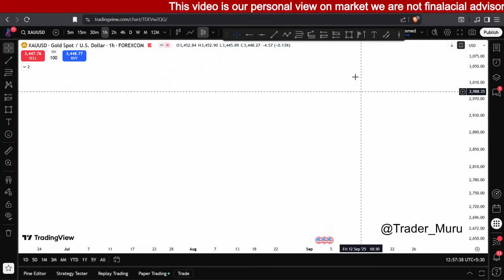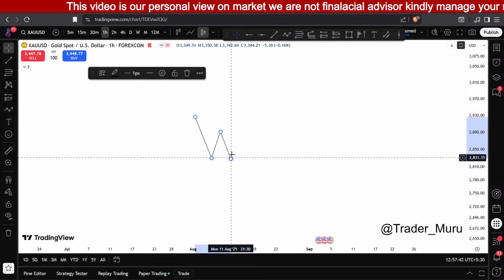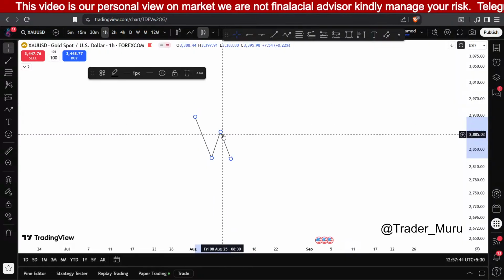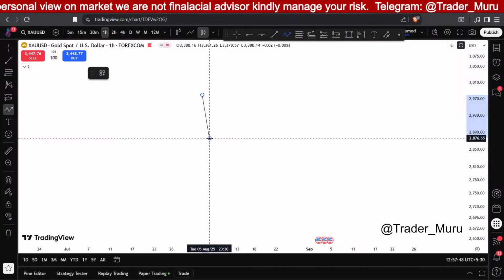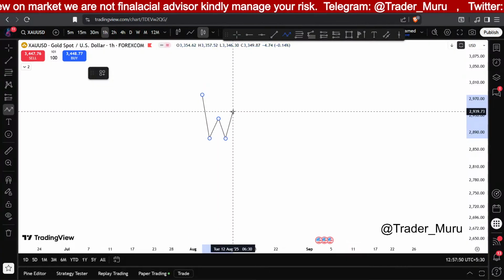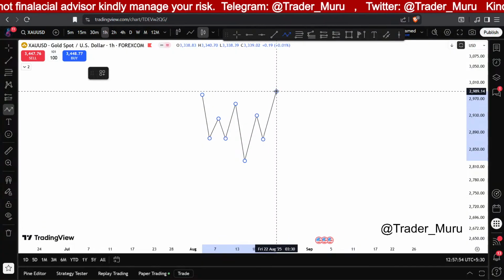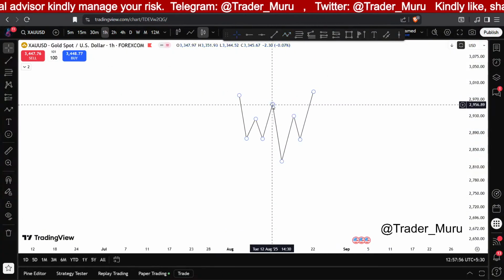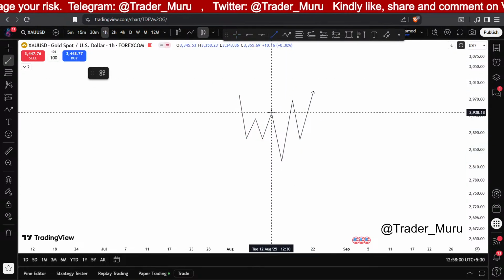If you see this, you will see this pattern much. A double bottom, sweep, reclaim and move. You will see this structure very much in gold.